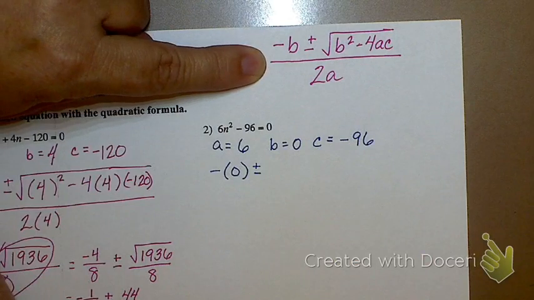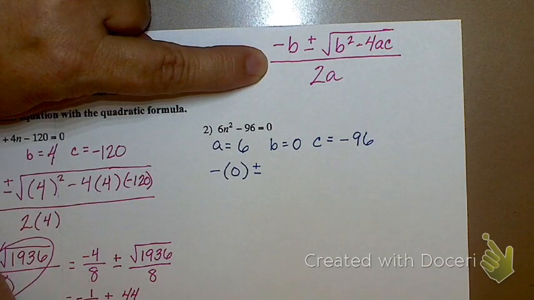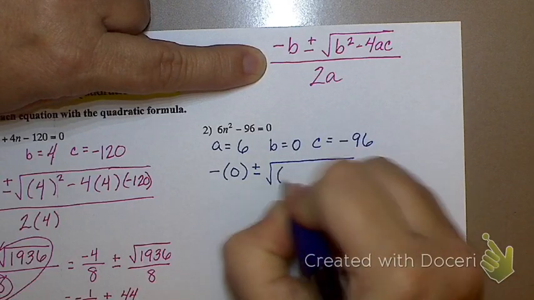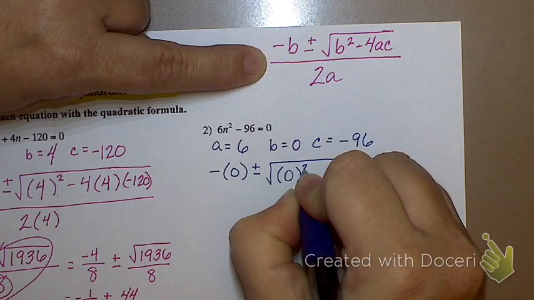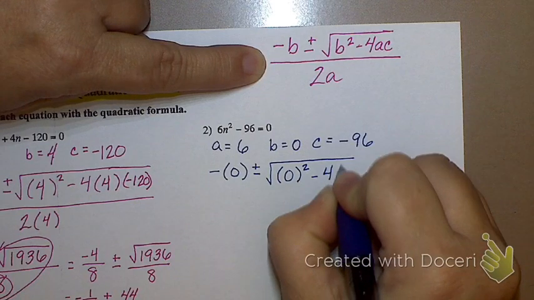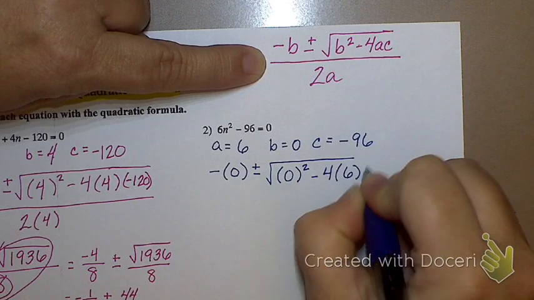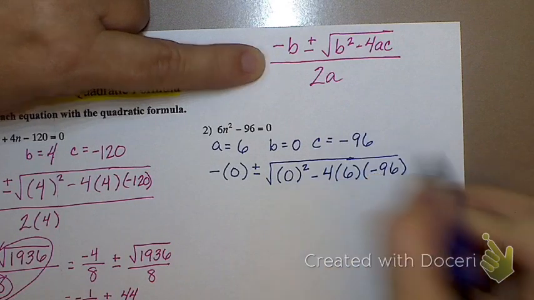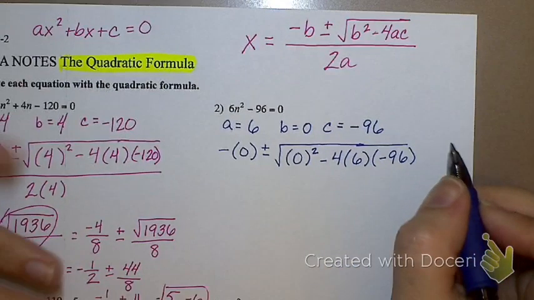Again, what's the trick with plugging stuff in? Always plug it in parentheses. 0 squared minus 4 times A times C. Now, Gesundheit.